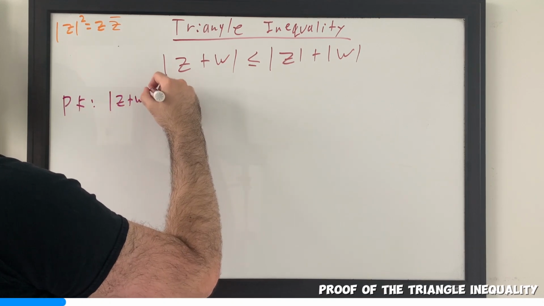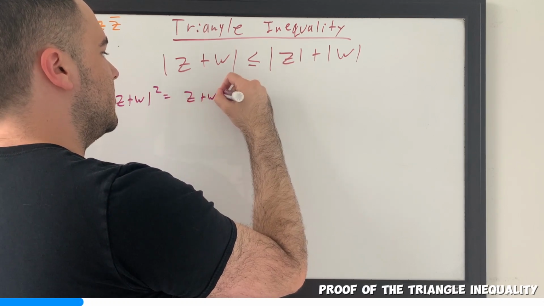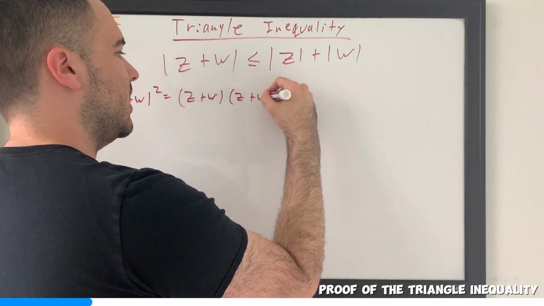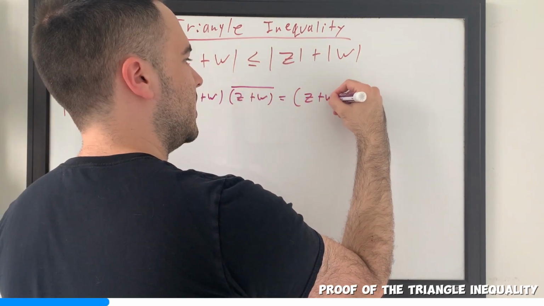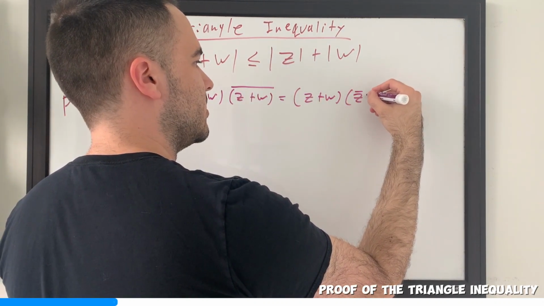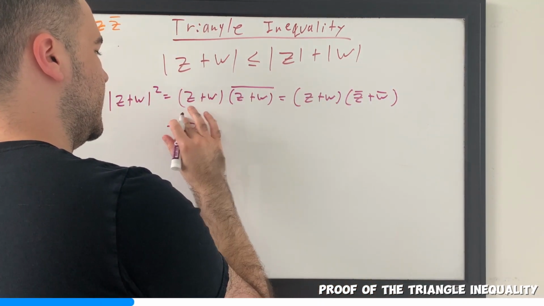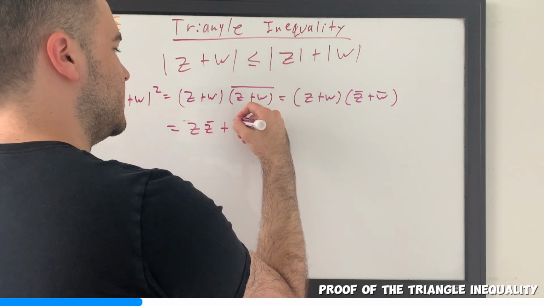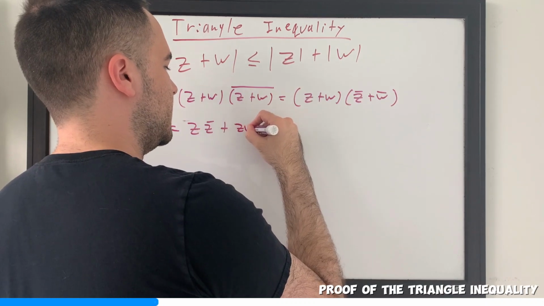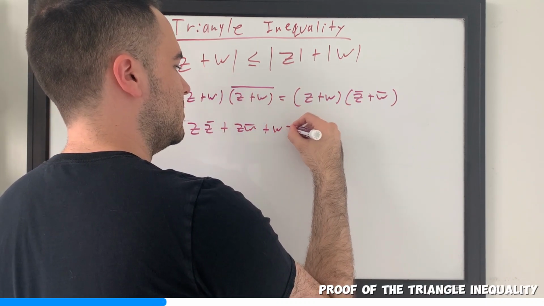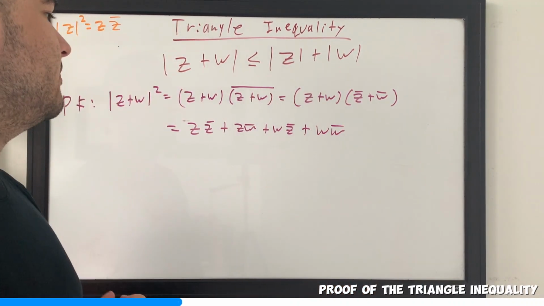So I take z plus w and square it. I will then get that this is z plus w times the conjugate of z plus w. Now from the properties of conjugates, this is the same as z plus w times the conjugate of z plus the conjugate of w. Multiplying them out, I will get z times the conjugate of z, plus z times the conjugate of w, plus w times the conjugate of z, plus w times the conjugate of w.